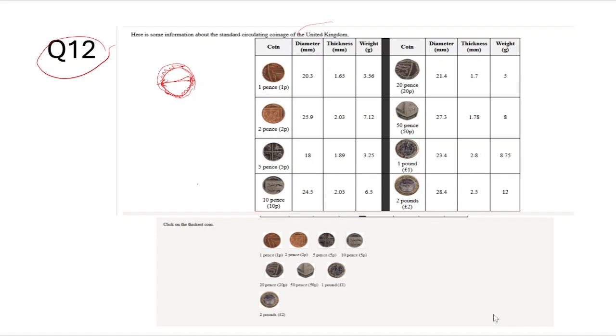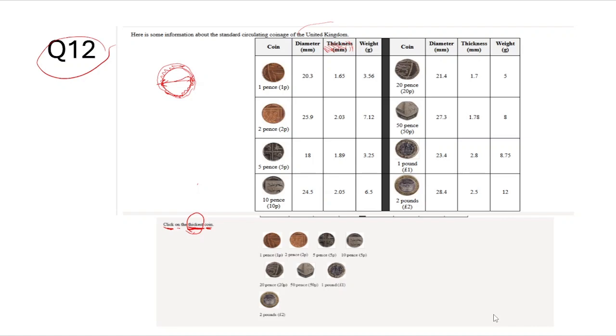It says, click on the thickest coin. Once we hear this term, we'll look at the thickness of the coins in this table.